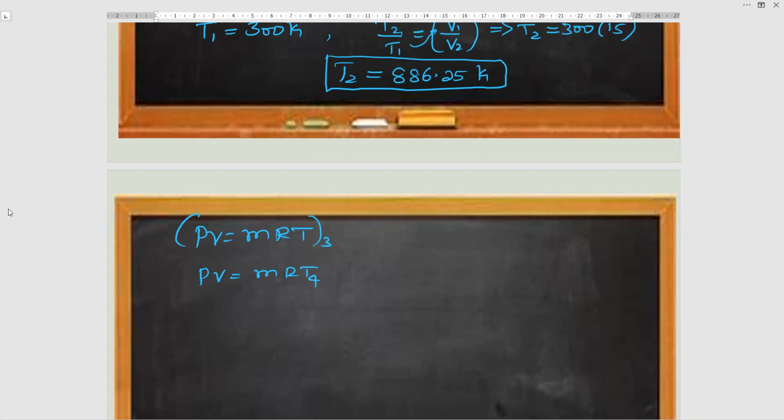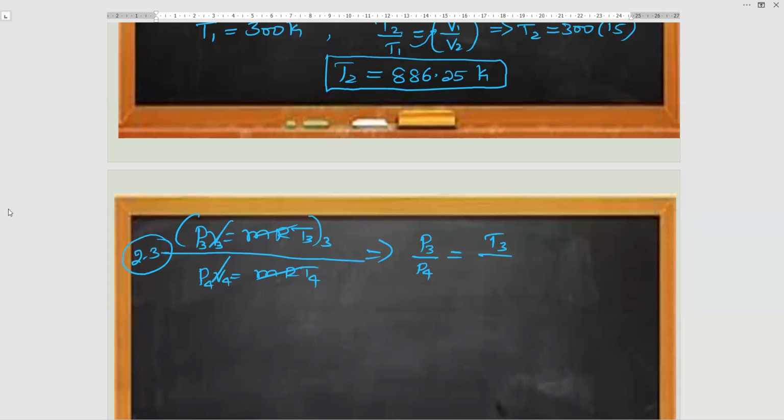So once you apply at point 3, P3, V3, T3. I will apply this equation with P4, V4 and T4. You take the ratio, and during this 2 to 3 process, it is constant volume. So these two get cancelled. So left is P3 divided by P4 is equal to, and these two also get cancelled.